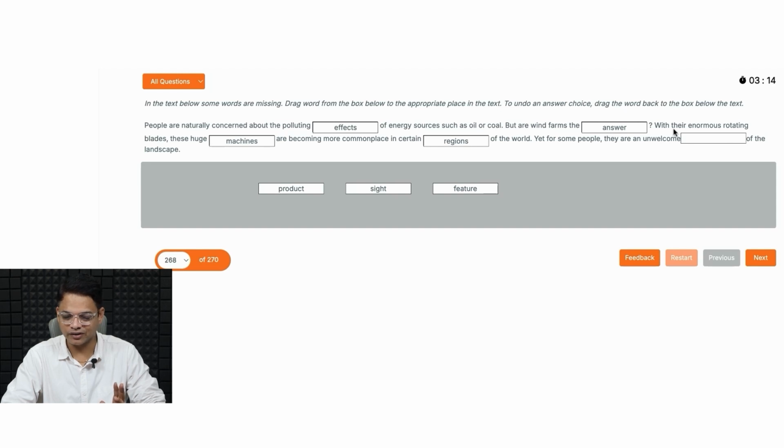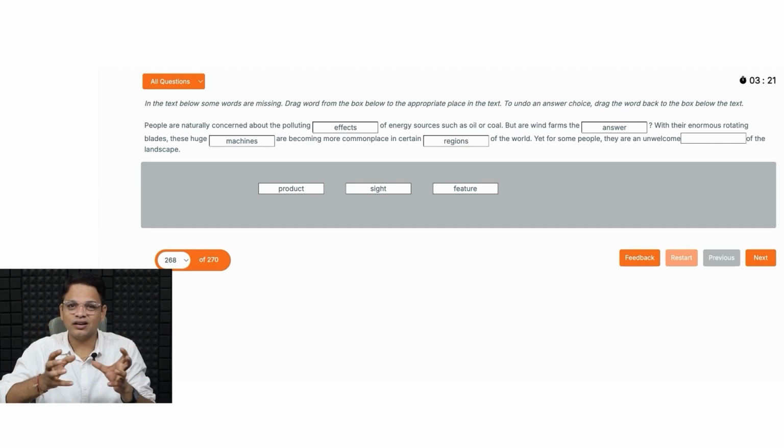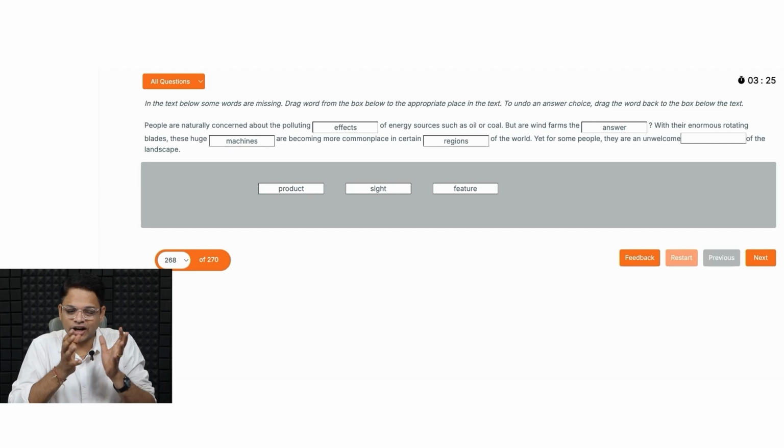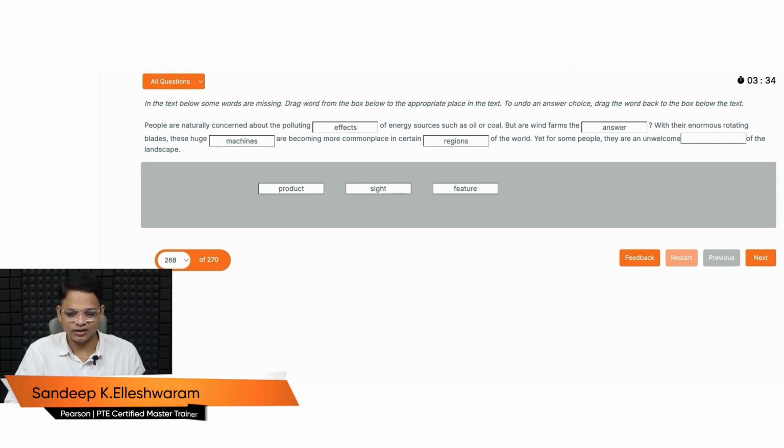So how is it going basically? Enormous rotating blades, machines, right? These are all technical terms, based on the context. So for technical, more technical word is what? Is it product? Right? Unwelcome product is no. Technical word is site.